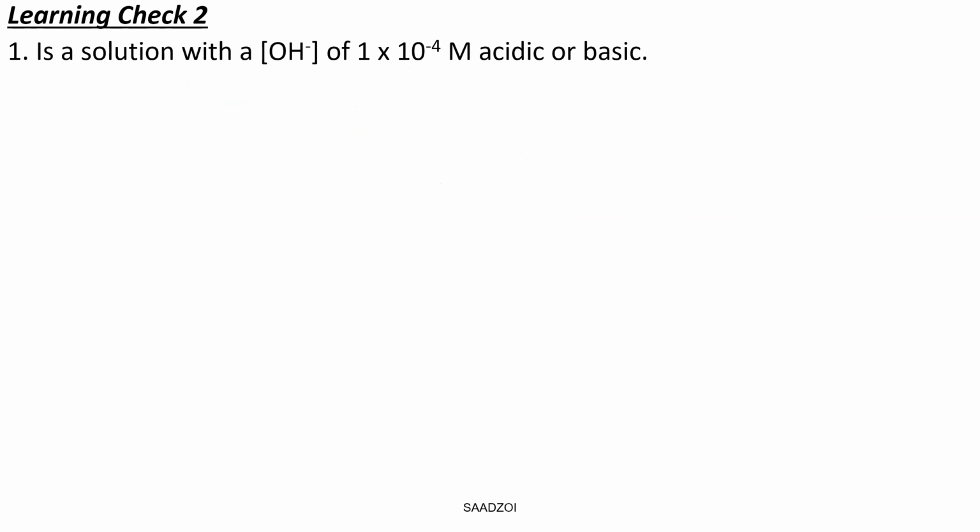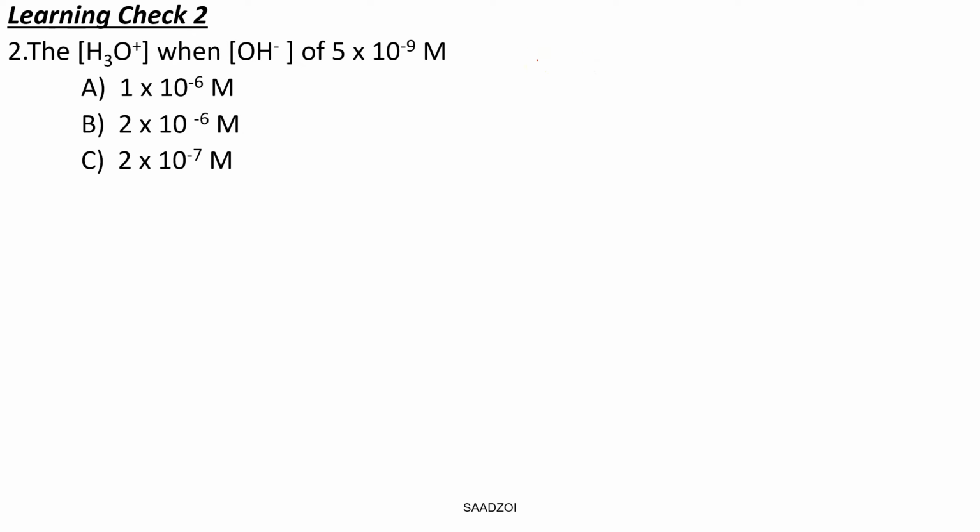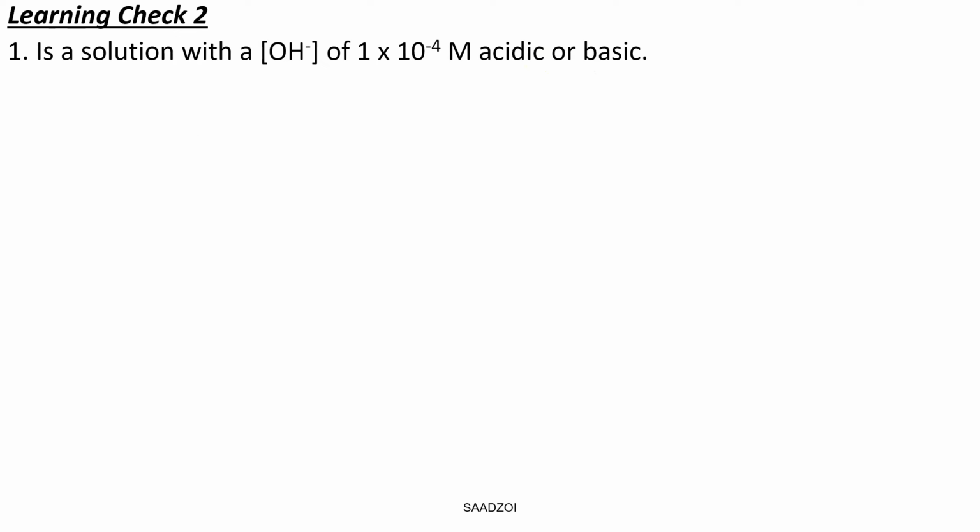A solution with hydroxide 1 times 10 to negative 4: acidic, basic, or neutral? I don't even have to do any math. This is bigger than negative 7, so I'm definitely basic, right? But let's do the number crunching just for fun. H3O plus is equal to 1 times 10 to negative 14 divided by what you're given here, which is 1 times 10 to negative 4.